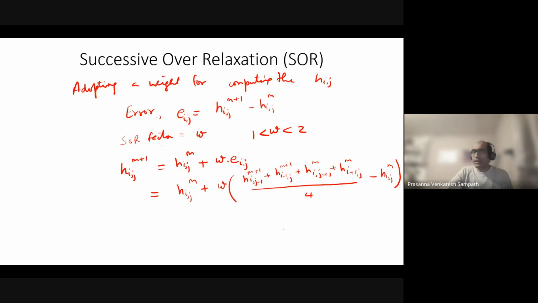So basically, h i comma j at m plus 1 is 1 minus omega times h i comma j at the mth iteration, and the next term will simply be plus omega times h i comma j minus 1 plus h i minus 1 comma j plus h i comma j plus 1 plus h i plus 1 comma j divided by 4.